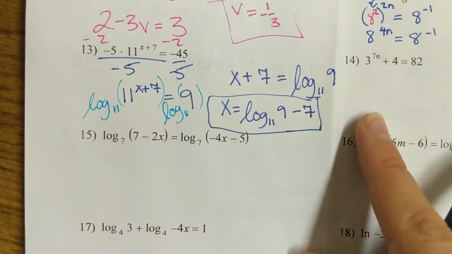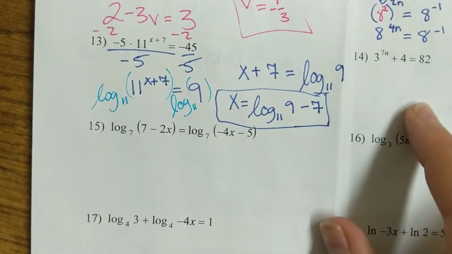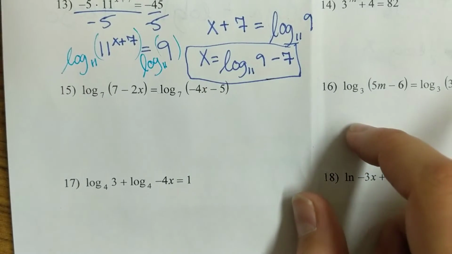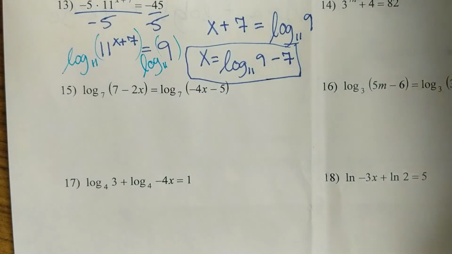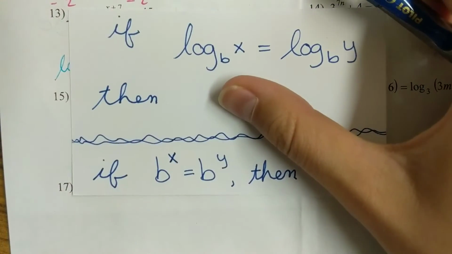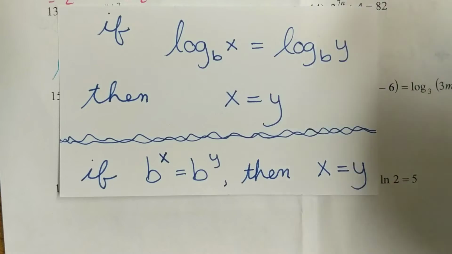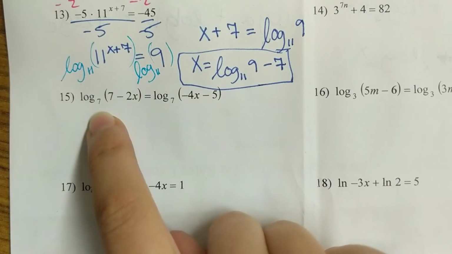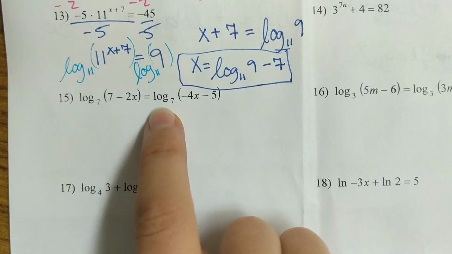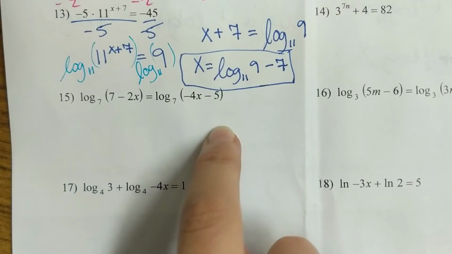All right, I think 14 shouldn't be too hard. And now let's get into logarithmic equations. So if log base b of x is equal to log base b of y, then x is equal to y. Guess what? Log base 7 of something equals log base 7 of something.